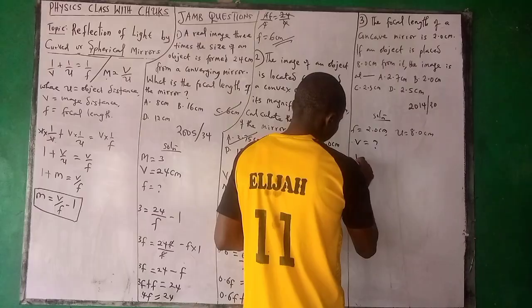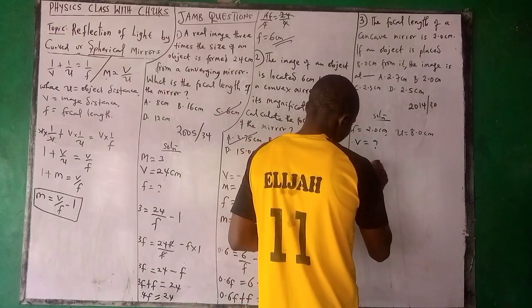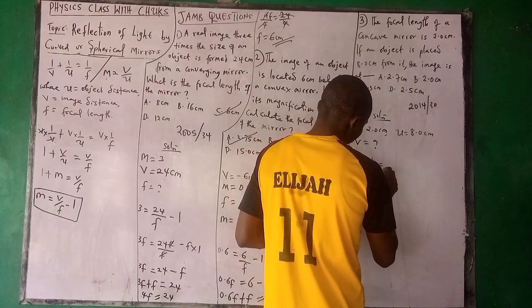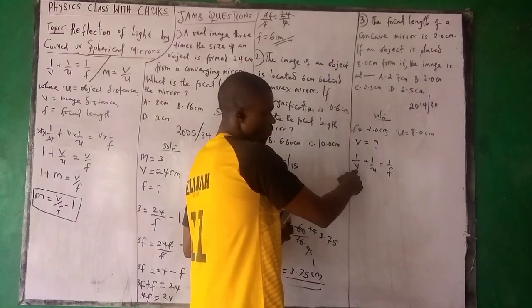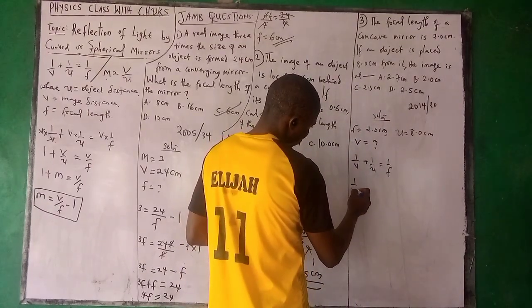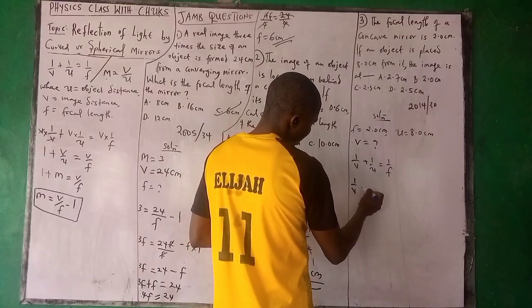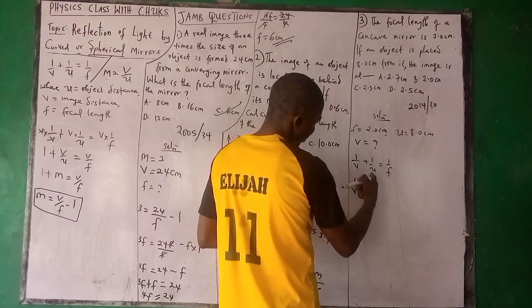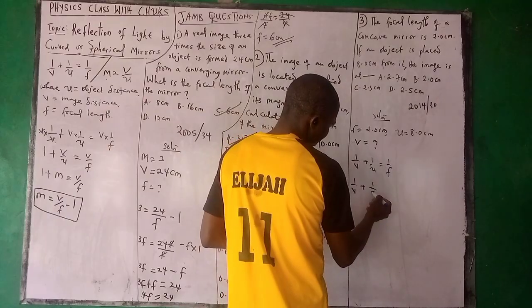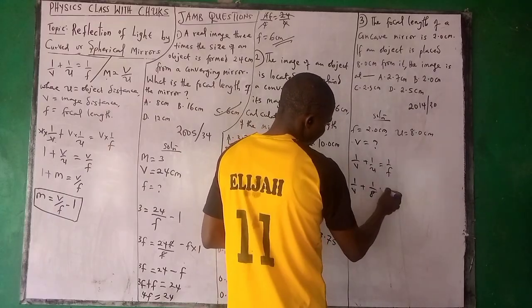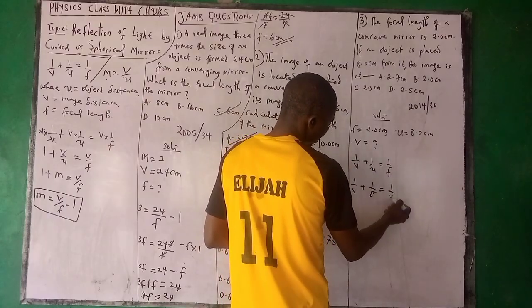1 over v plus 1 over u equals 1 over f. We're looking for this, 1 over v, then plus 1 over u, which is 8, equals 1 over f, which is 2.